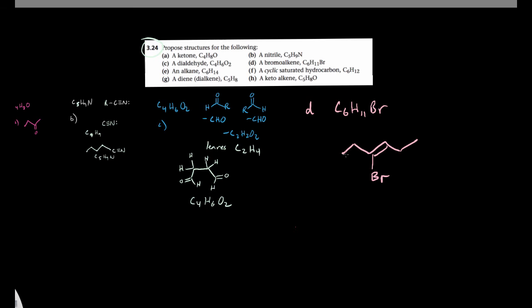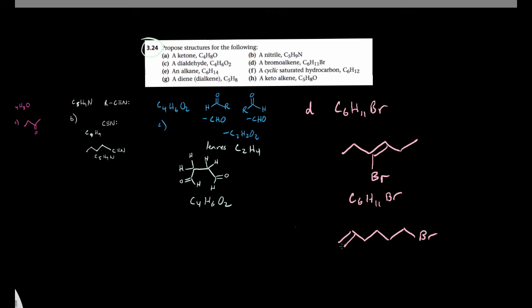And let's just count the hydrogens and see where we are. So 1, 2, 3, 4, 5, 6, 7, 8, 9, 10, 11. So this C6H11Br works. If I had done it like this, I could have just as easily said, okay, we have an alkene. I'll put an alkene over here, and let me just put a Br down here.